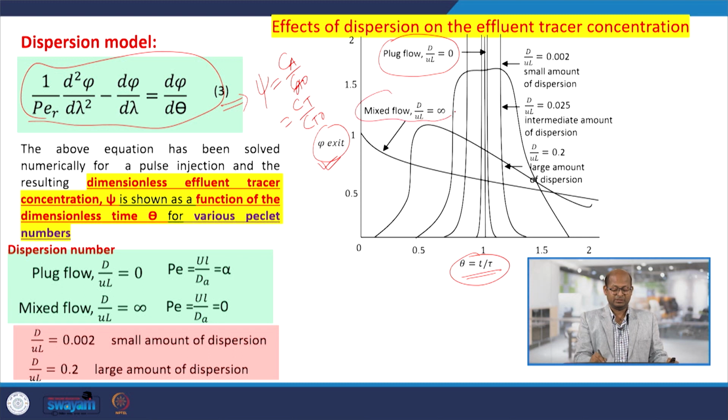When dispersion is extreme, meaning infinite, it behaves like a mixed flow reactor, and in between there are intermediate cases. This curve or figure we discussed in our last class.